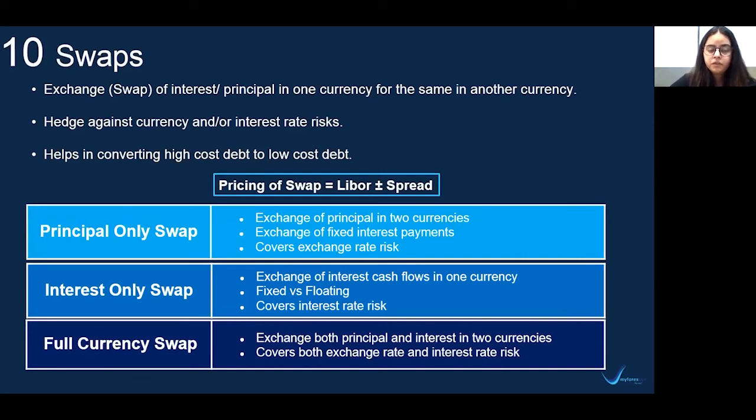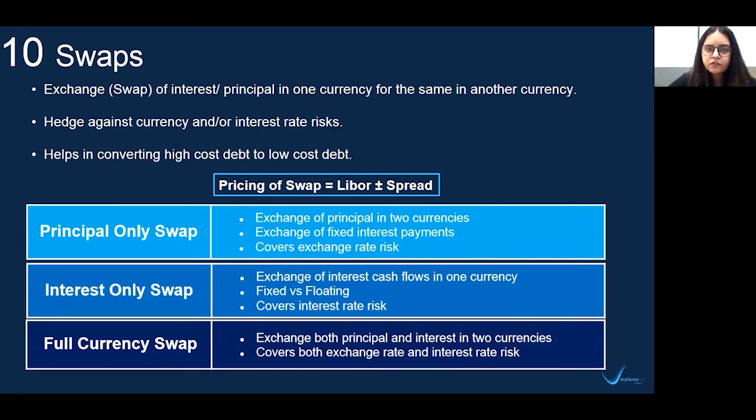Swaps help in converting high cost debt to low cost debt. That is, a debt taken in INR interest rate can be converted to low cost foreign currency interest rate using swaps. Pricing of swap includes LIBOR plus or minus a spread.